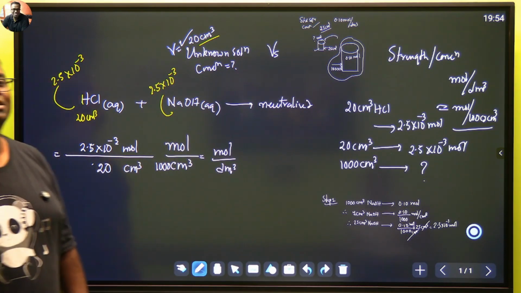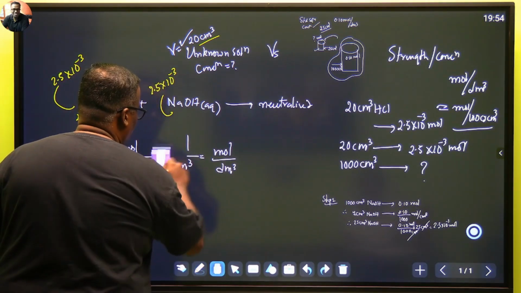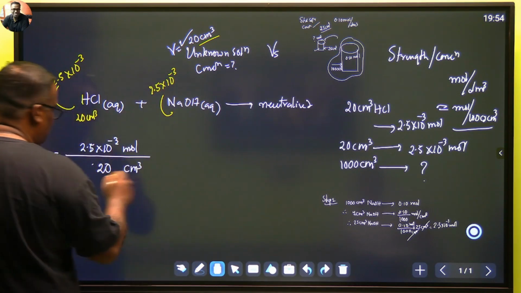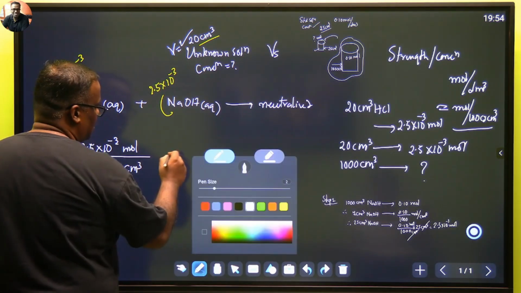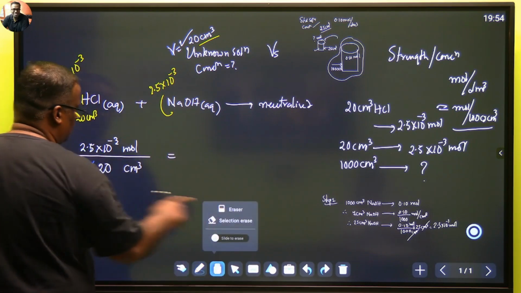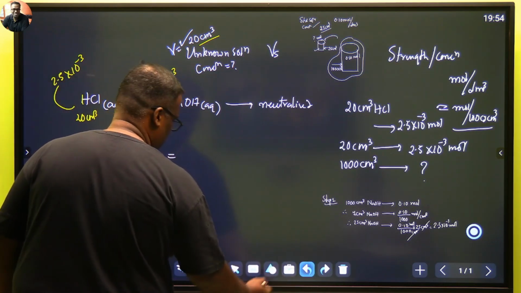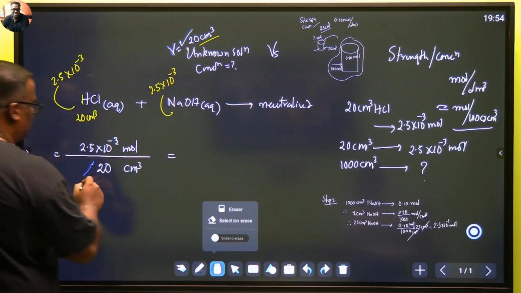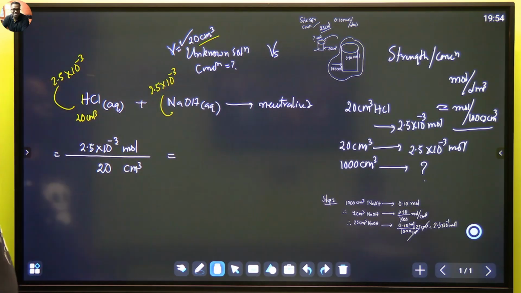And then into 1000. So we erase this part. By doing this, what is your answer? What is the answer for this? Just do this calculation.